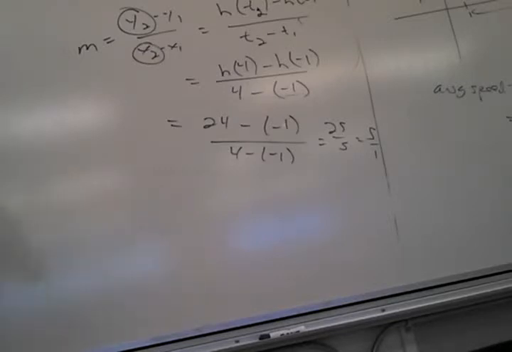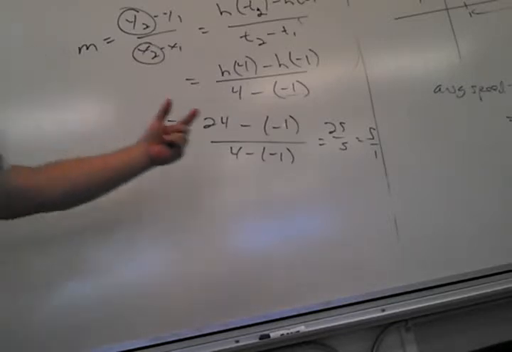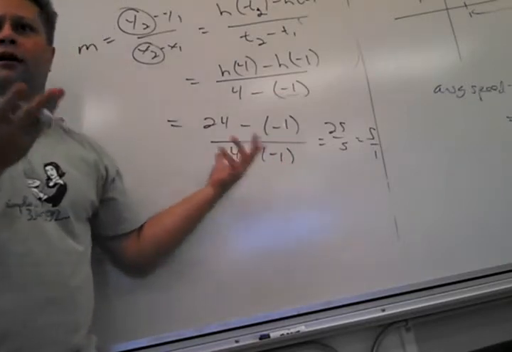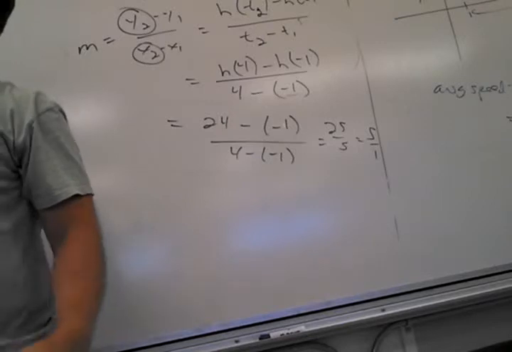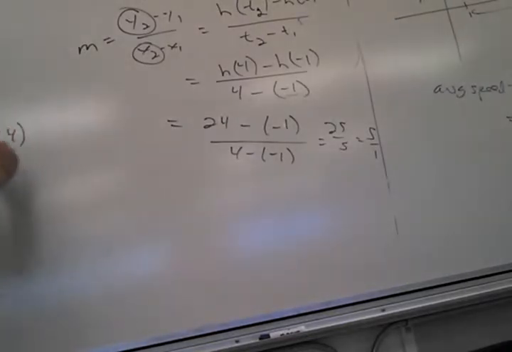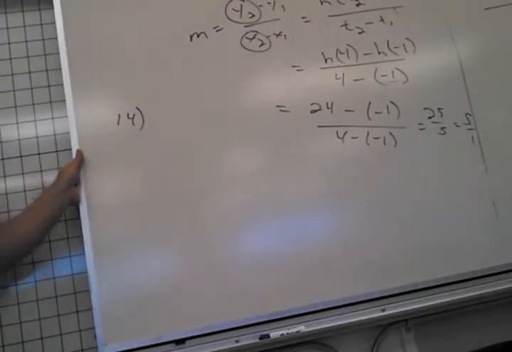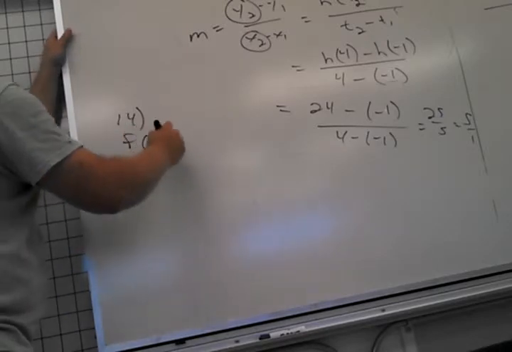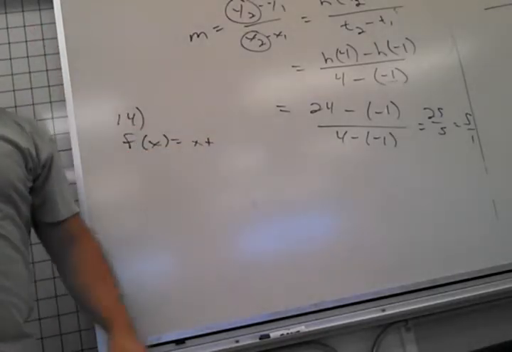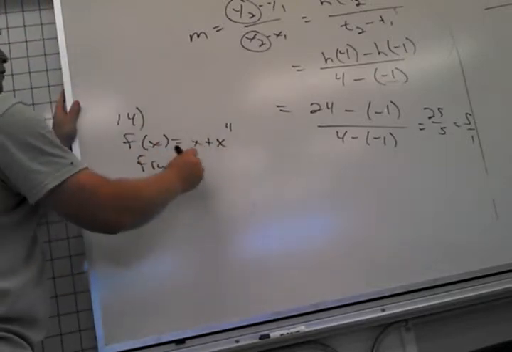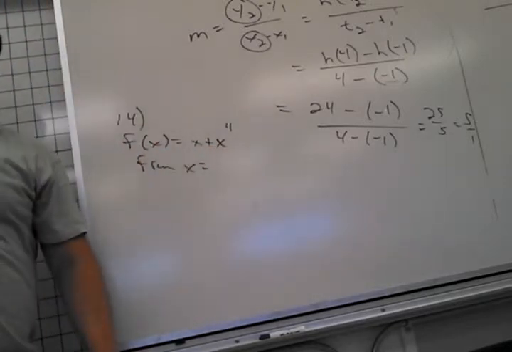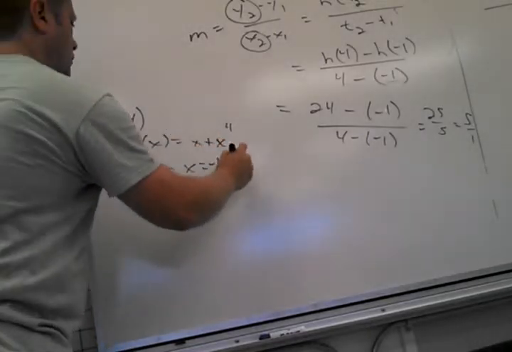Why were the graphs easier? Because they showed me the answers that I needed already, right? So here I just have to actually do the work. So you guys try number 14. -1 to 3.